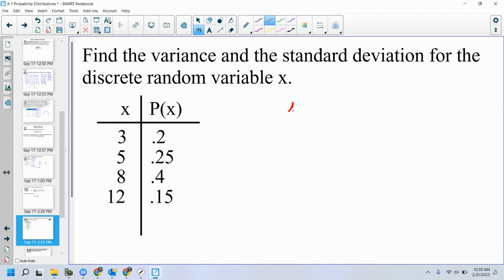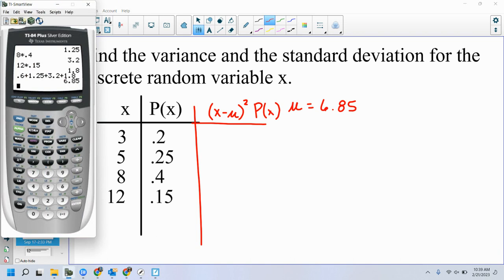Now my mu, what do we say, 6.85? Yep. So now all I'm going to do is make another column and say, okay, I want to find x minus mu squared p of x. And then I'm going to find the sum of all of that. So I'm going to take x, you know what, I'm going to put this in parentheses.